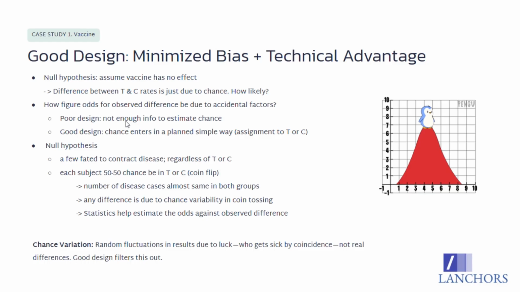So each subject has a 50-50 chance to end up in the treatment group and get the vaccine, or end up in the control group, based on just a flip of the coin. And also each disease case has a 50-50 chance to be seen in the treatment group or in the control group.